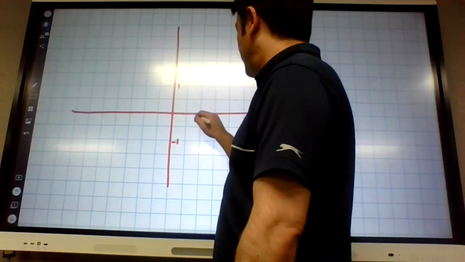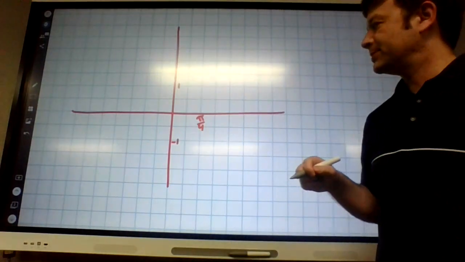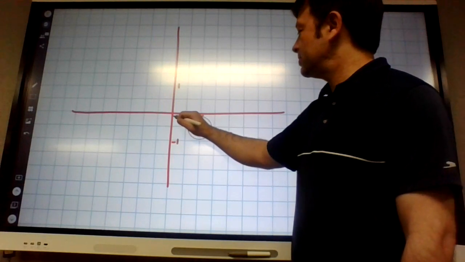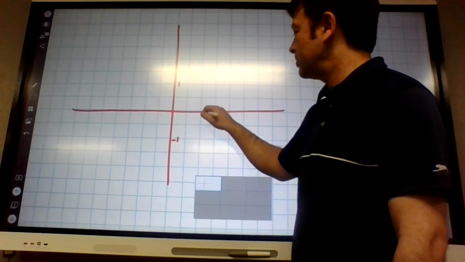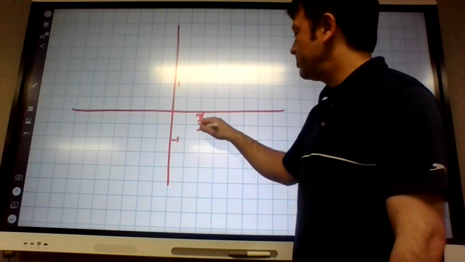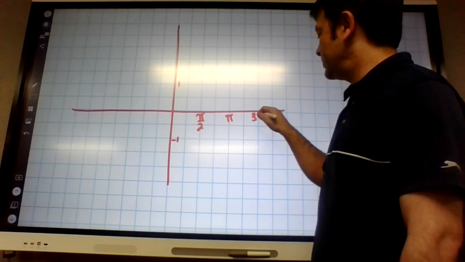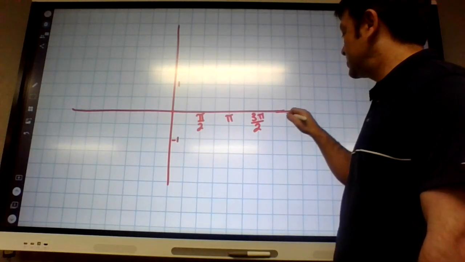Do you guys remember that 180 was pi? Actually, pi over 2 would be 90. Sorry, my bad, pi over 4 is 45. Pi over 2, and then pi, and then remember 270 was 3 pi over 2, and then 360 was 2 pi.